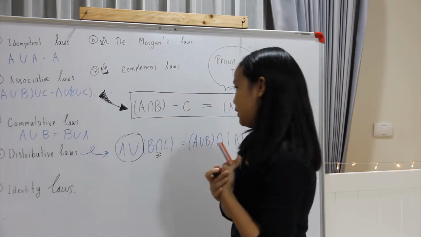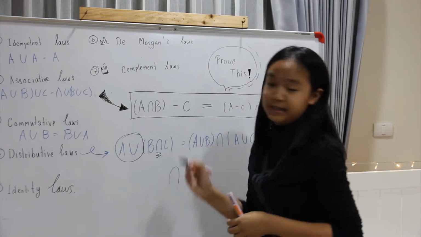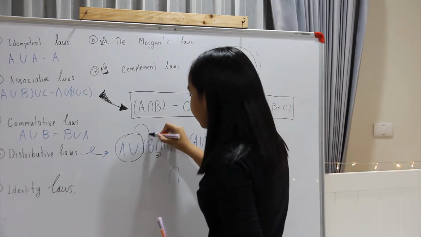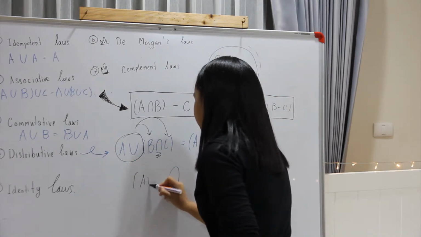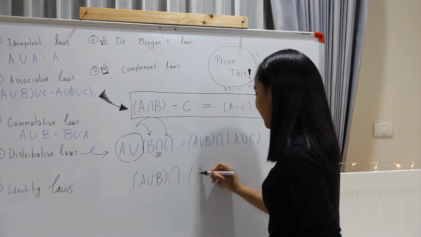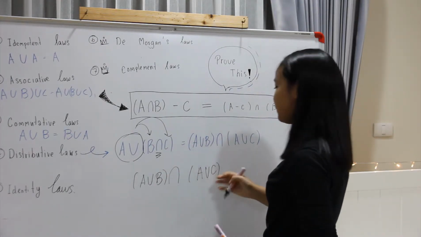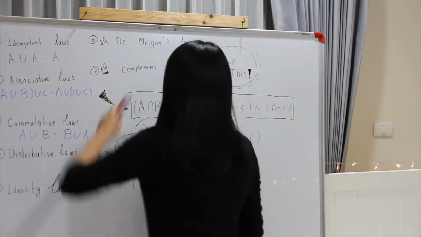I look at this symbol first, and then I write this symbol here. This one is intersection, and then I pair this into this and this. First one, A union B. Second one, A union C. And as you can see, it's equal. And the same thing for intersection, alright?